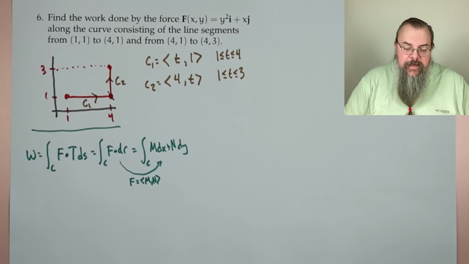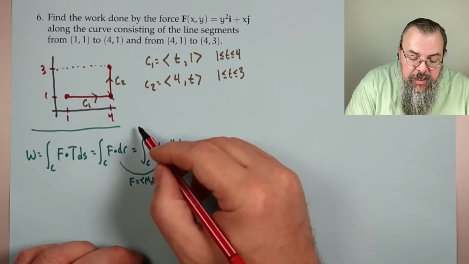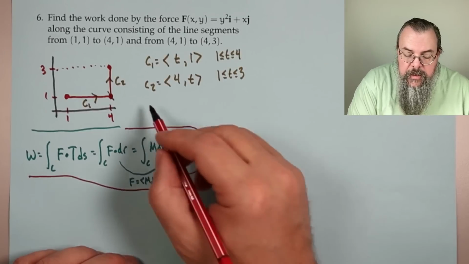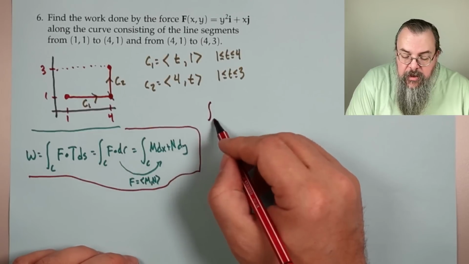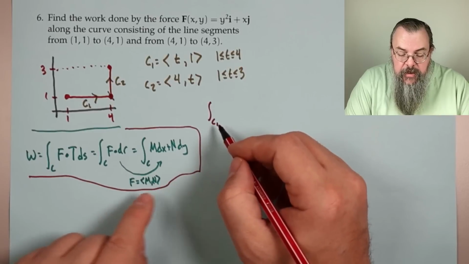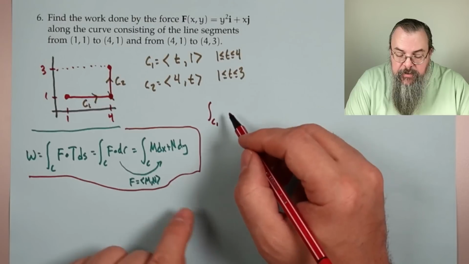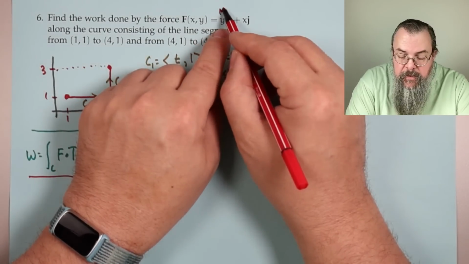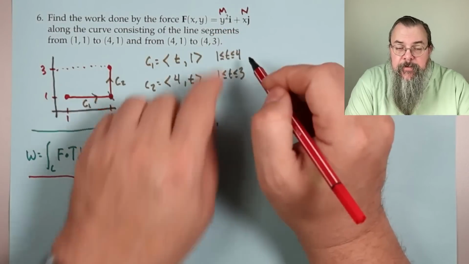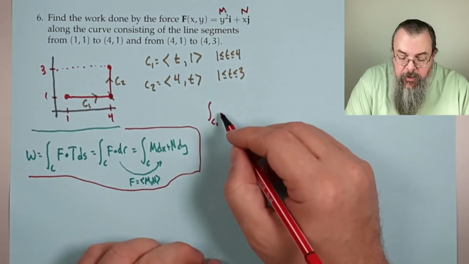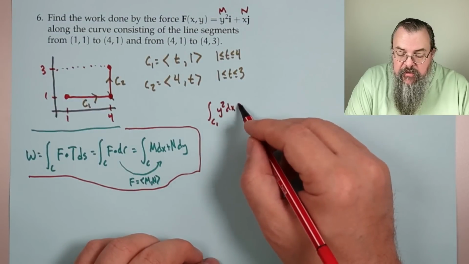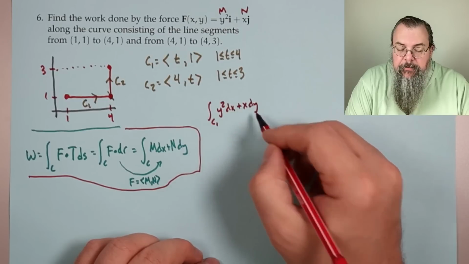Okay, well, we'll begin. Integral along curve 1 of M dx plus N dy. So I'm going to write this down. So this is our M, and this is our N. So we have y squared dx, and then plus x dy.